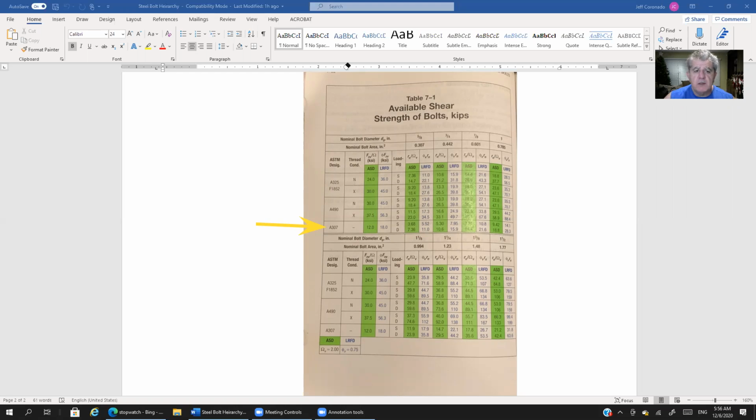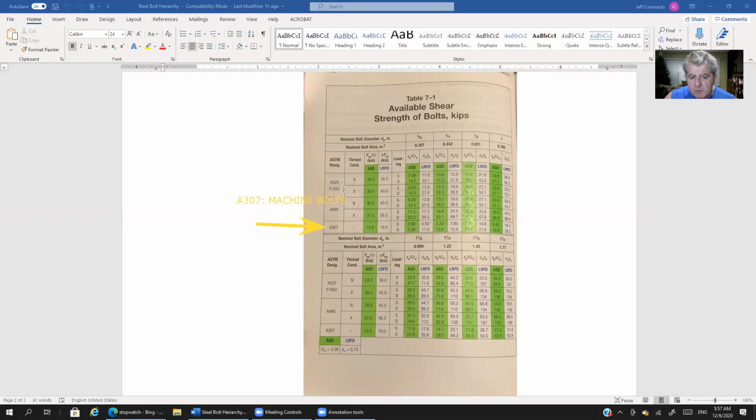A307, just so that you know, A307 steel bolts are also referred to in industry as machine bolts. So when you hear the term machine bolt, that's an A307 bolt. It's the most cost-effective bolt that we have. If you have a load that can be handled by an A307 bolt, that's your best bet.